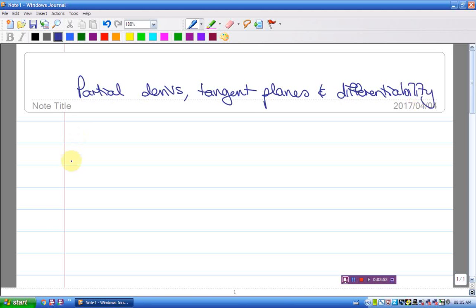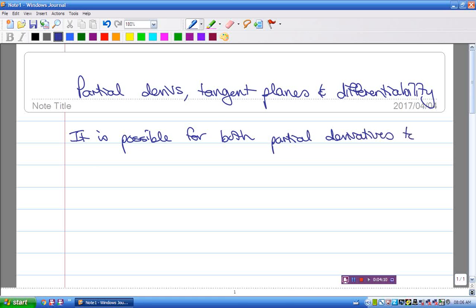Okay, so first of all, I'm going to demonstrate that it is possible for both partial derivatives to exist, and what does it mean to exist? It means equal to a number. The number could be 0 or 1 or pi or negative 10, but frankly not infinity. If your derivative equals any real number, then we say the derivative exists.